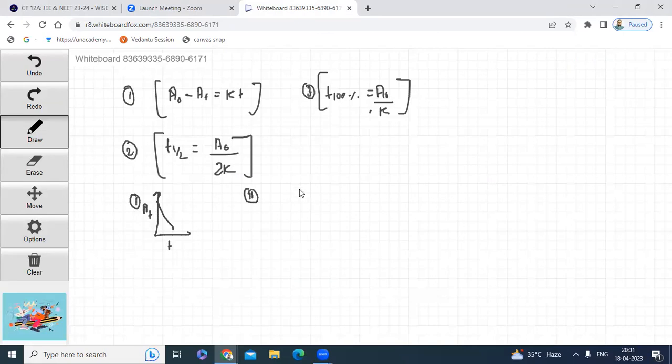After that, second, we will draw the curve between t half and A naught. The slope will be equal to 1 by 2K.